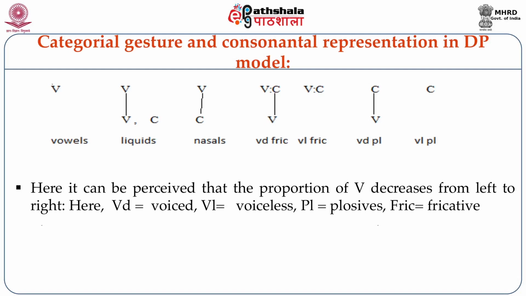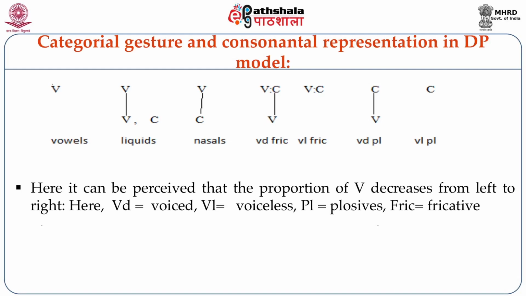V represents vowels, and liquids are the second most sonorous. Then nasals, voiced fricatives, so there is a transition from the vowels to the voiceless plosives. The presence of the vowel elements determines which is more sonorous and which is least sonorous.